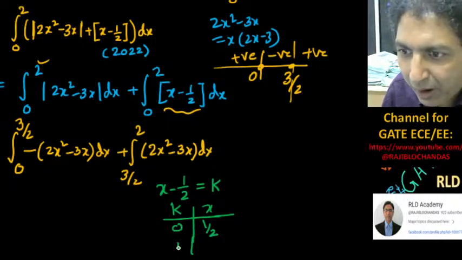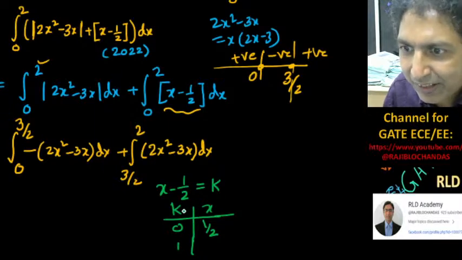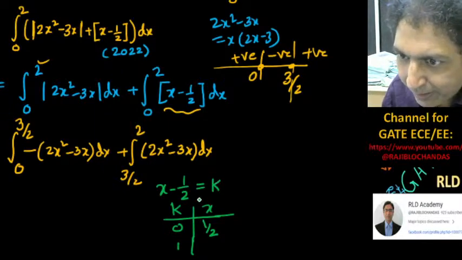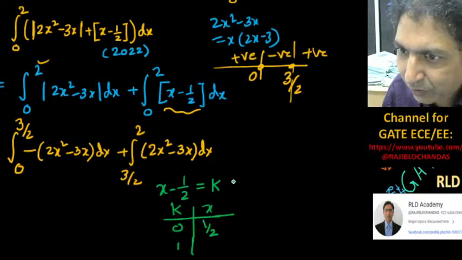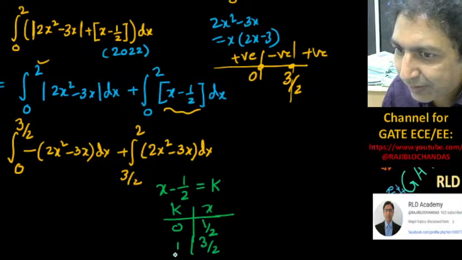And k equal to 1 if x equals 1 plus half, meaning 3 by 2. Similarly k equal to 2 will be 2 plus half, meaning 5 by 2.